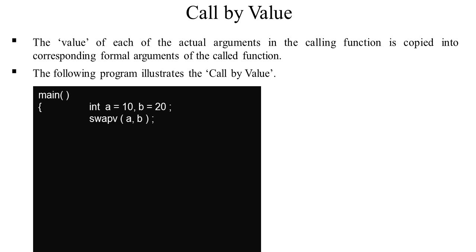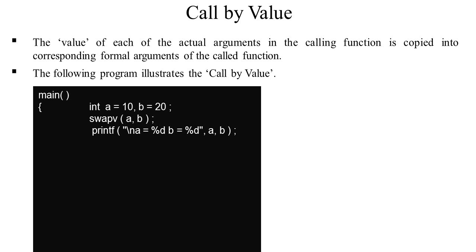So it should be like this: a should be 20 and b should be 10 after swapping. How can I check whether the value is swapped or not? I just put a simple printf call and printed out a is equal to %d, b is equal to %d.